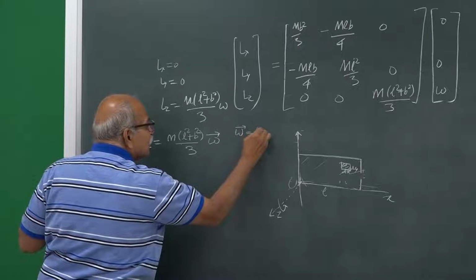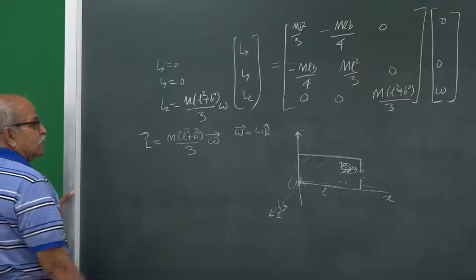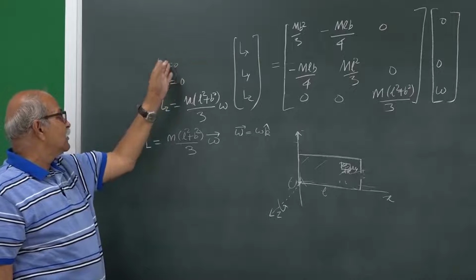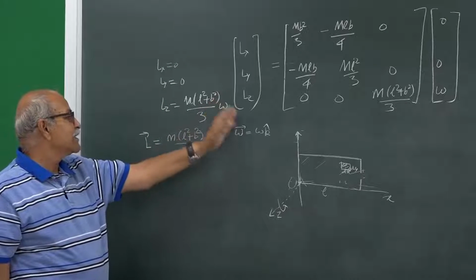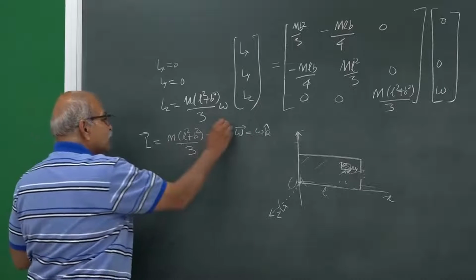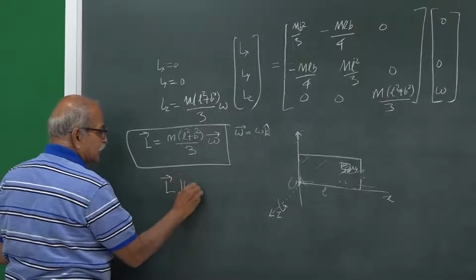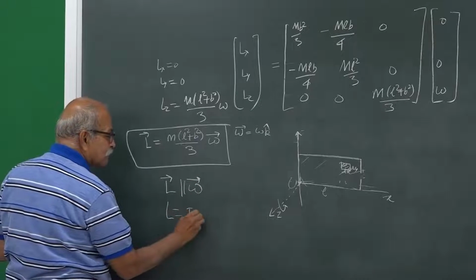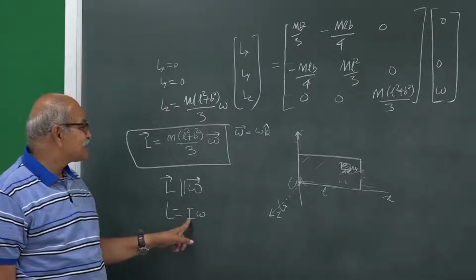So, omega is omega k cap, and Lx is 0, Ly is 0. So, Lz k cap and omega k cap is the omega vector. So, you have this relation. Yes, L is parallel to omega and the magnitude L is equal to I omega. That is simple class 11 moment of inertia.